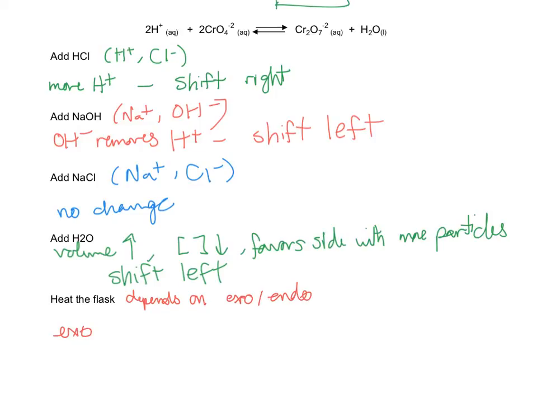If it was exothermic, that means heat is one of your products. And so if you add a product, it's going to shift to the left. If it's endo, that means that heat is one of your reactants. It's on this side, so if you add a reactant, it's going to shift to the right.